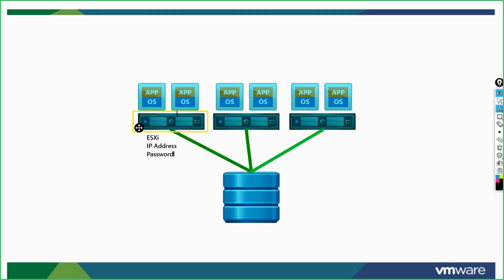Now, once the IP address is configured and the password is set, the next step is that the machine will be kept in the data center and you can access this hardware, this server, through a web browser. Assume that over here on the screen you have three ESXi hosts.